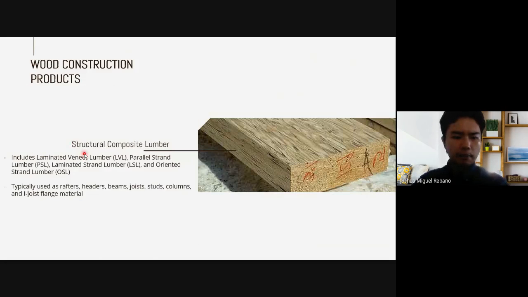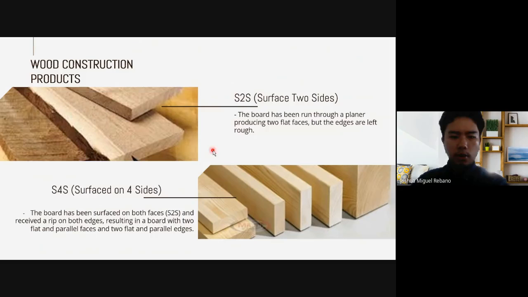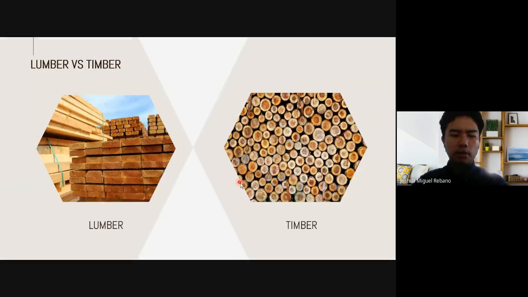So also we have structural composite lumber, which is mainly used in beams and columns. And also we have S2S or S4S, which are surfaced two sides, which means that two sides of this sample are smooth, or have been sanded to make them smooth, and surfaced four sides are smooth on all four sides.